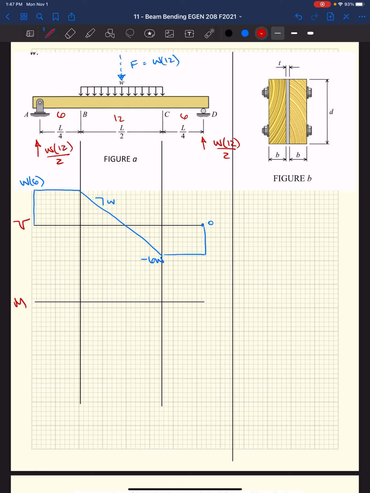Well, if we look at our moment diagram, where our shear diagram is constant, our moment diagram is linear, it's going to do something like this. We know the magnitude of that is just the area under the shear diagram. So we've got W6 times 6.